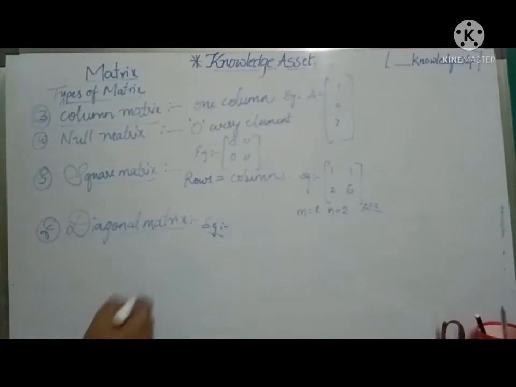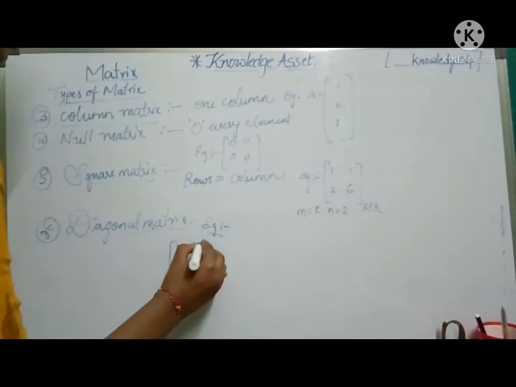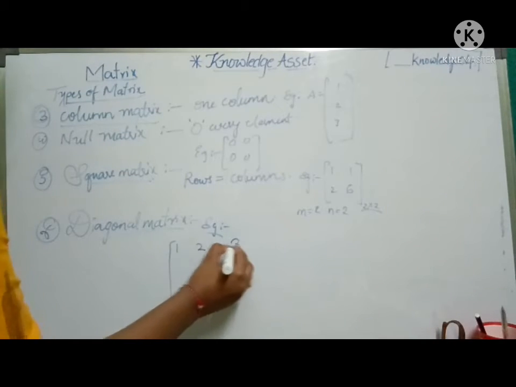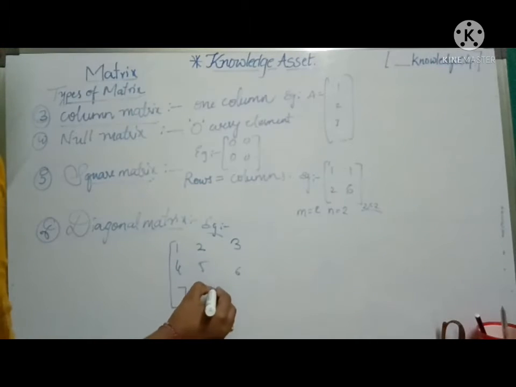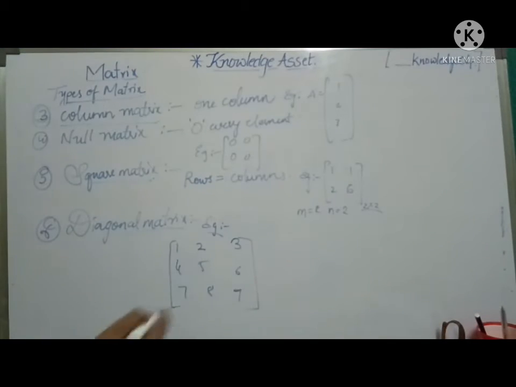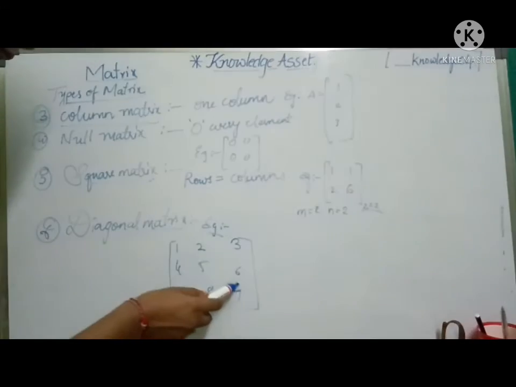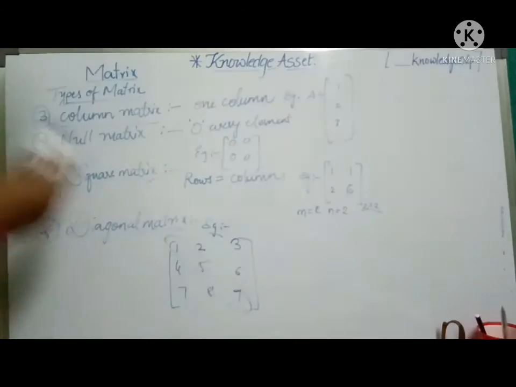For example, in a square matrix 1 2 3 4 5 6 7 8 and 9, this is a square matrix as the number of rows is equal to the number of columns. So this is called the principal diagonal of the matrix.